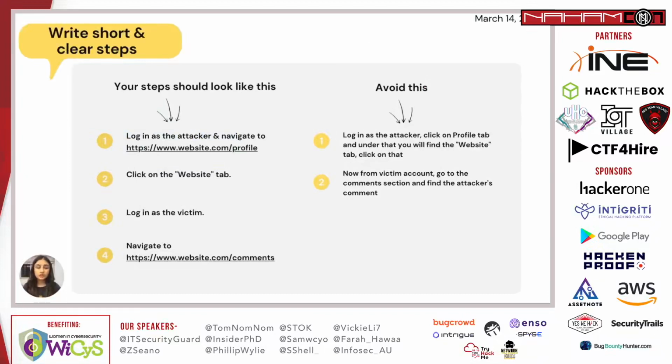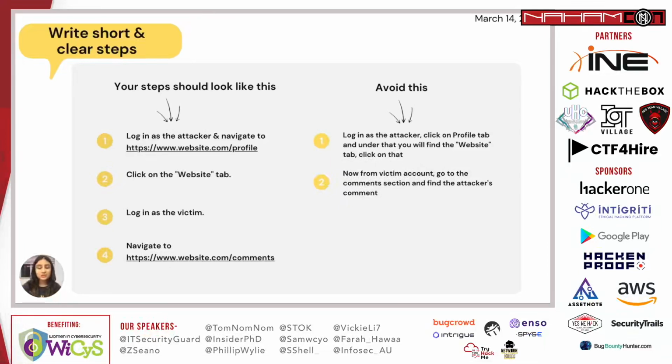The first thing that you should do is write short and clear steps. As you can see in this example, the steps on the left and the steps on the right are communicating the same thing. But just by looking at both of them, you can tell that the steps on the left are much easier to parse and much easier to read. And if a triager looks at the steps on the right, they will think that it's an extremely complicated task when it is actually not, right?